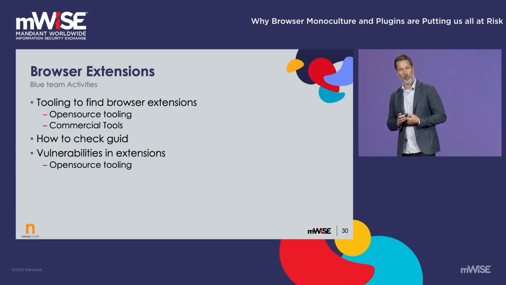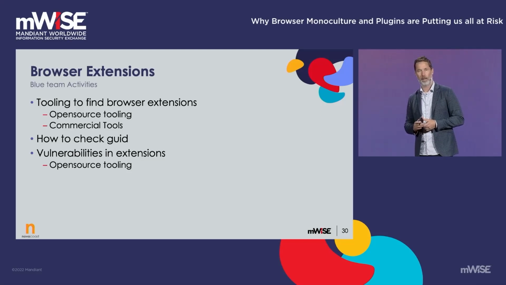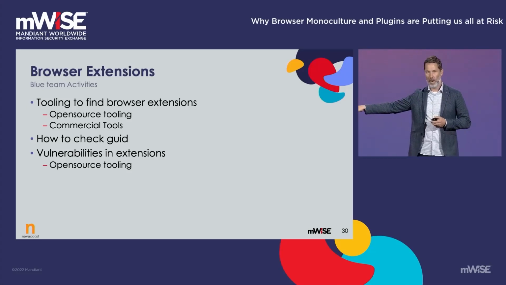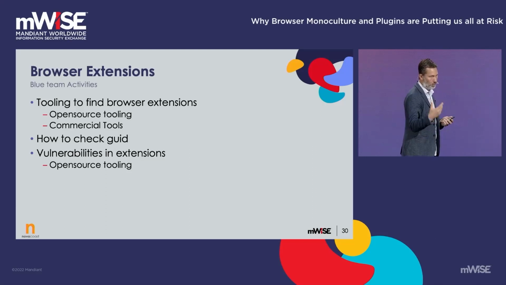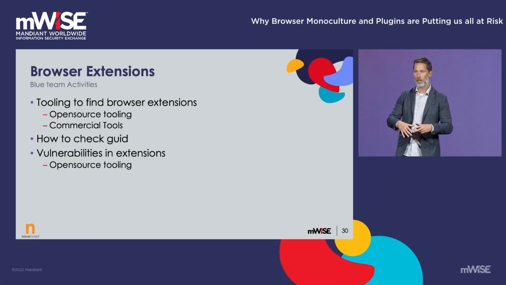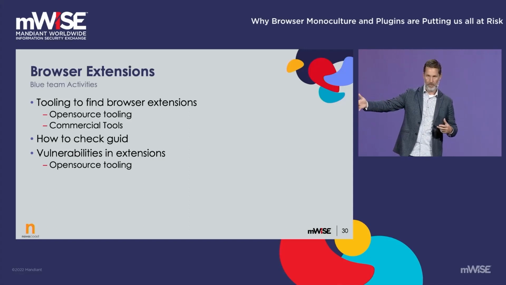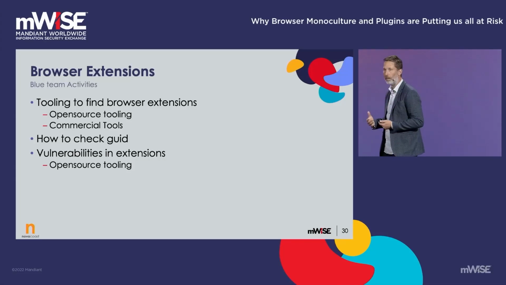In the commercial tooling to find browser extensions, it's a little harder. There's not as much out there. There are enterprise browsers like Talon that are building commercial tools to control what extensions go into an environment, but less about the discovery. Your best bet on the commercial side is going to be things like Tanium, right?